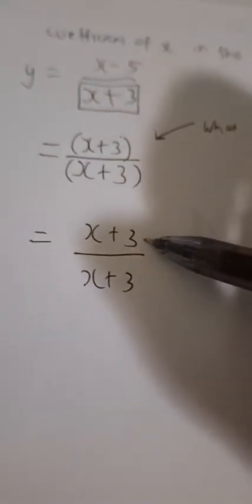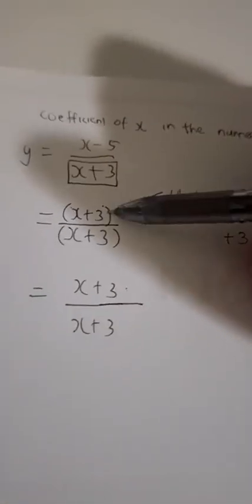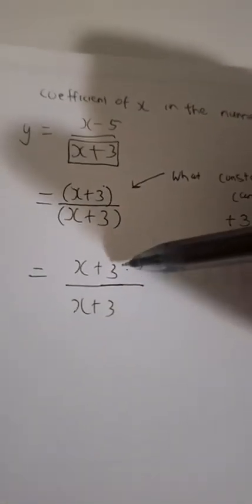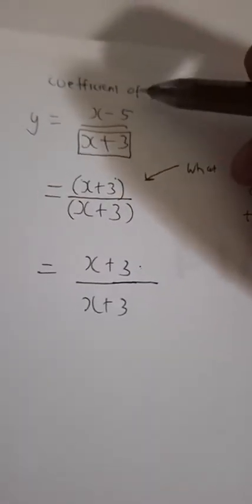So the question is, what can we add or subtract to 3 to get negative 5? Because I need to write that value after this positive 3. So what can I add to 3 or subtract from 3 to get negative 5? That is what I'm asking.